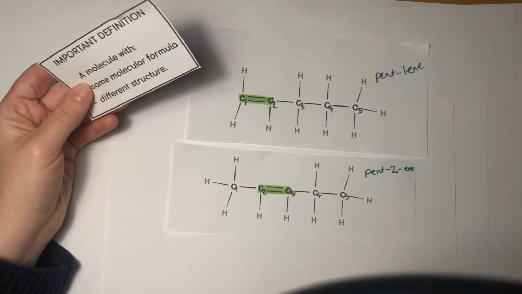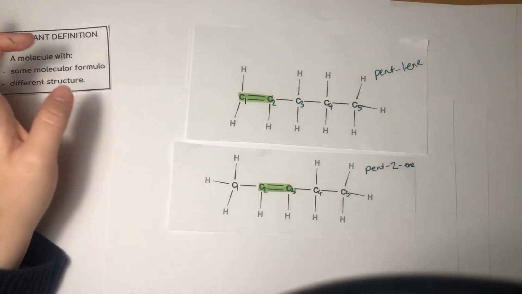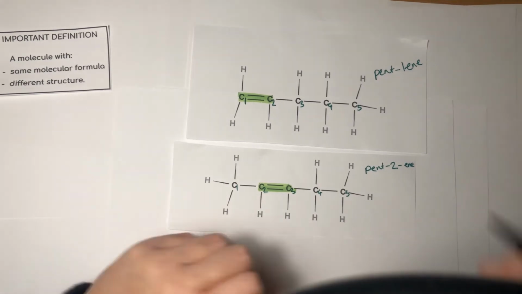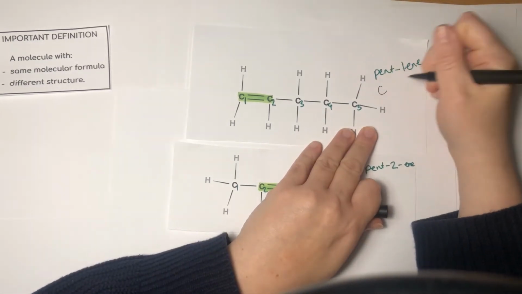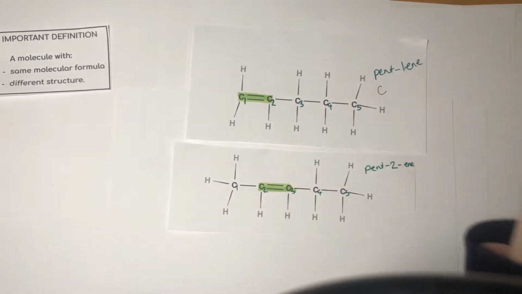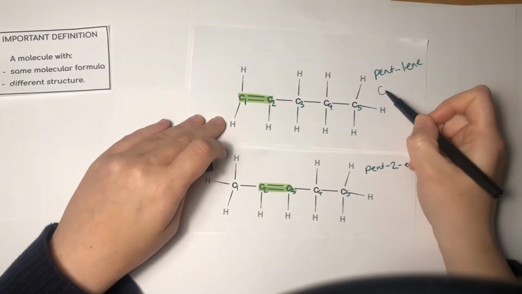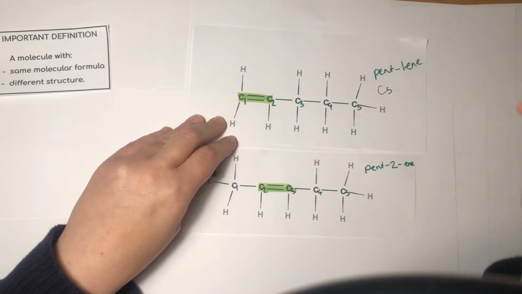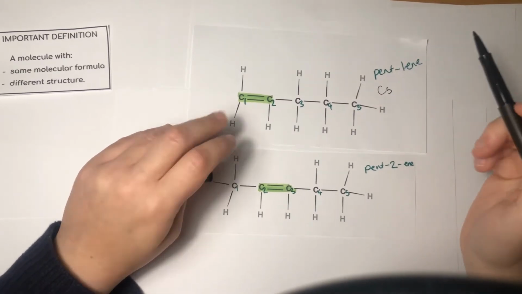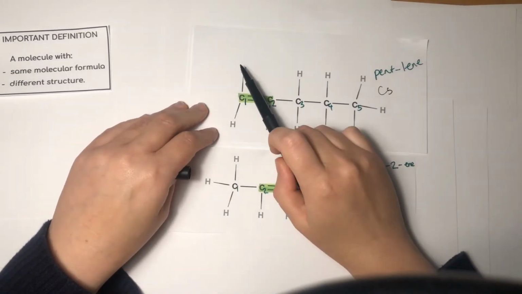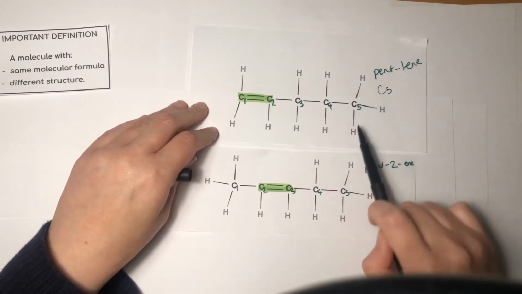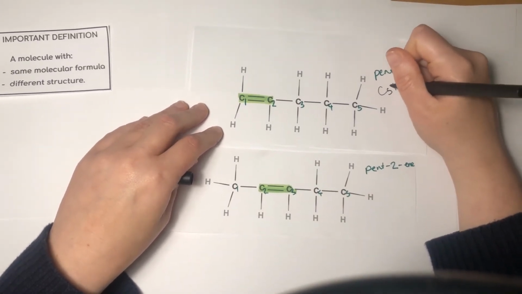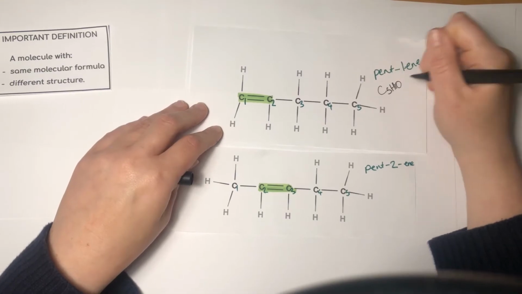And we want to look at the molecular formula. To work out the molecular formula, all you have to do is count up the number of carbons and count up the number of hydrogens. We've got 5 carbons here, so C5, and if we count the number of hydrogens, 1, 2, 3, 4, 5, 6, 7, 8, 9, 10, that's going to be H10.